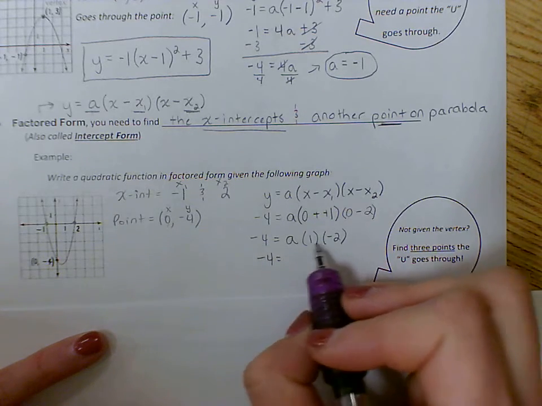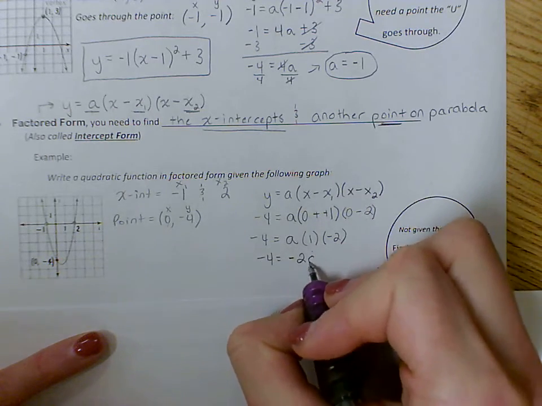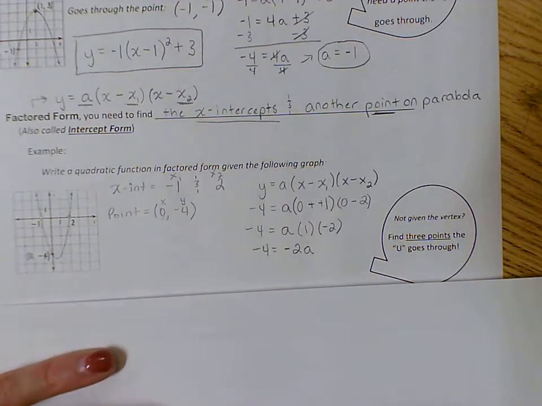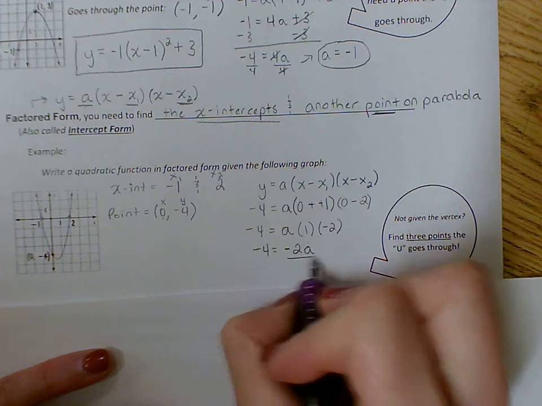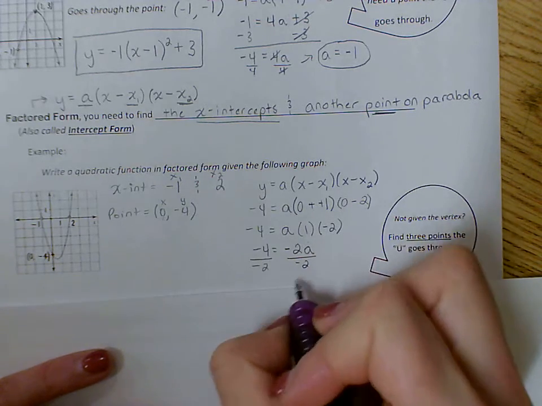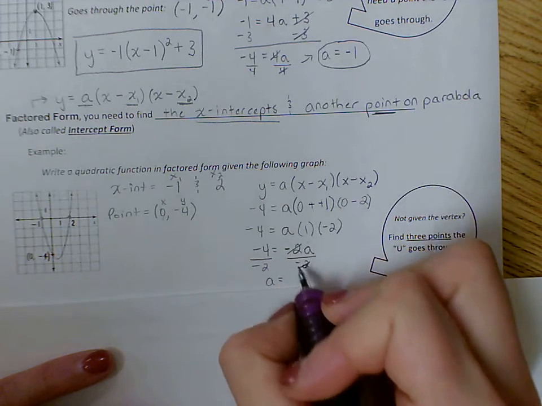And because this is being multiplied times that, like I talked about in the last problem, we typically put it in front of the variable. And then we have to finish solving. So to finish solving, I'm multiplying the a times -2, so I'm going to divide by -2. And then my a comes down because that's 1.